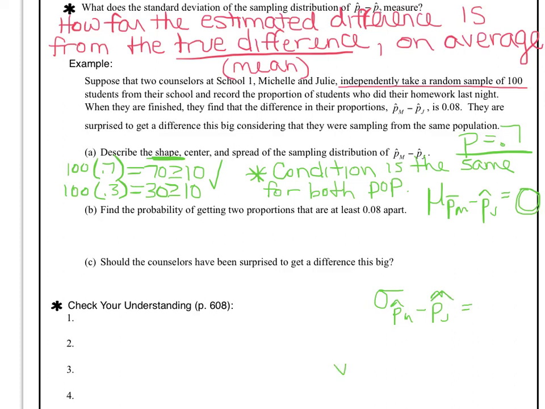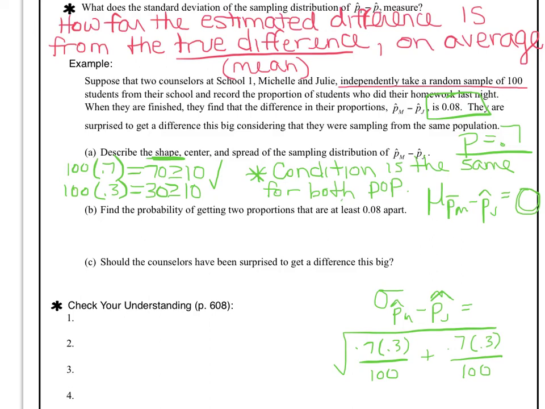Okay, so then that would be 0.7 times 0.3 over 100 plus the same thing because it's the same population. Then take the square root. And whatever I got there, that would be my standard deviation. And it tells me how far away this 0.08, the estimated difference, is on average from the true difference.